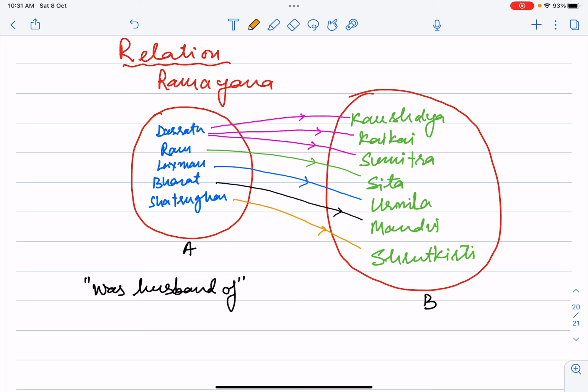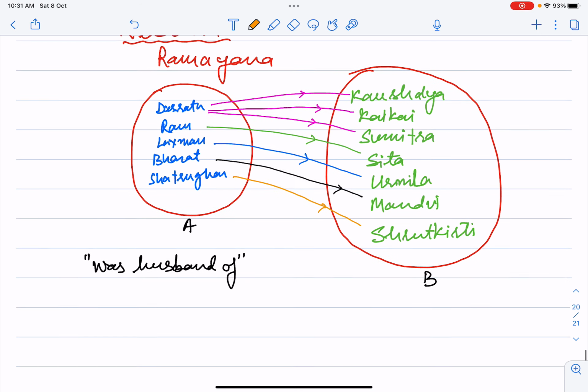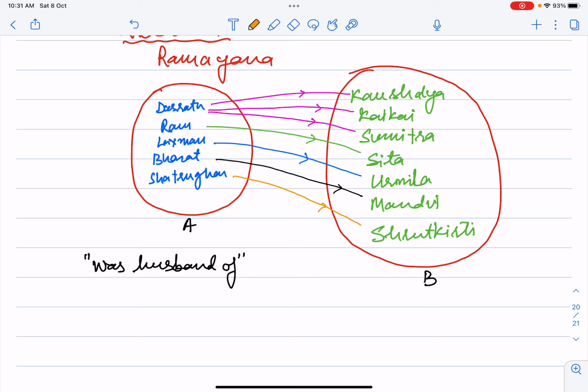So if I want to write the relation "was husband of", elements in A are the males, and elements in B are the females. So how are they related? One of the relations is husband.